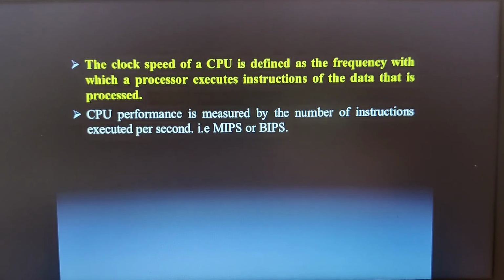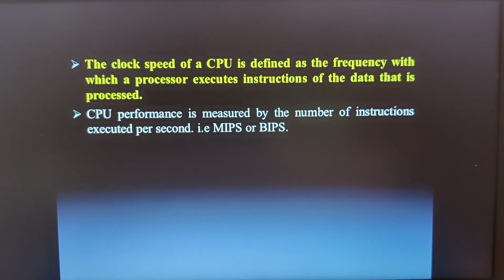On the motherboard we have the clock signals. Based upon the clock speed, your computer performs. How do you measure the performance of your computer? That is based upon the clock's frequency.